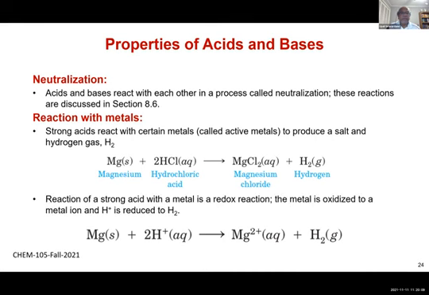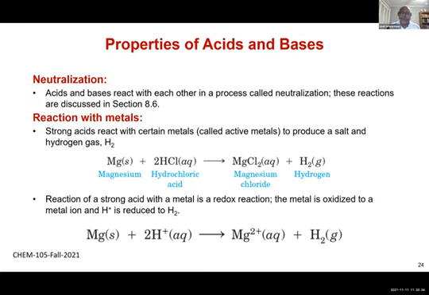Reaction with metal is a redox reaction, a single displacement reaction. The metal is oxidized to metal ion. Hydrogen ion, the proton, is reduced. Proton in the strong acid is reduced to hydrogen according to the equation. This is a redox reaction.